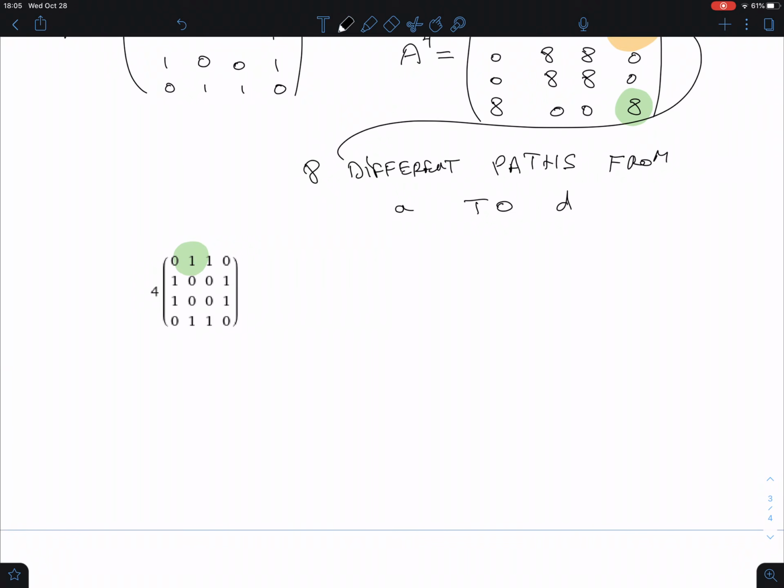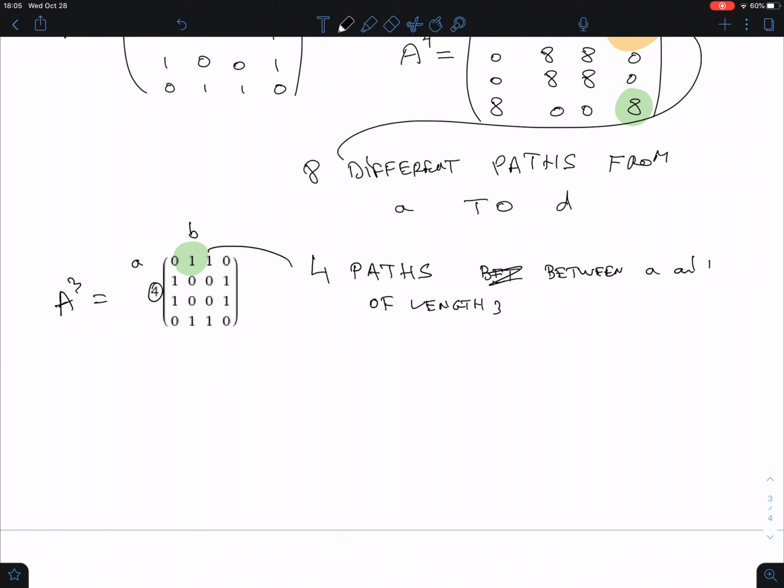This is the entry that corresponds to A and B. So this tells me, don't forget there's a 4 here, there are 4 paths between A and B, either way we go, it's the same, right? 4 paths of length 3, because this is A cubed, of length 3, between A and B, okay?